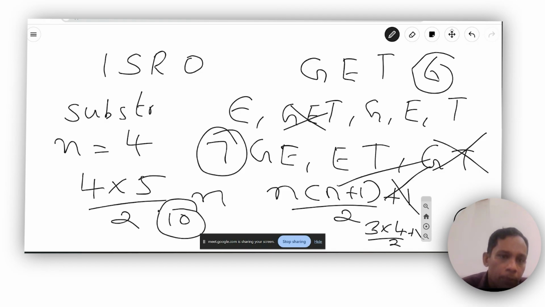So 10 proper substrings can be generated. And how many substrings? 11, which is n into n plus 1 by 2 plus 1. So the number of substrings will be 1 more than the number of proper substrings, or you can say the number of proper substrings will be 1 less than the number of substrings. Hope this concept is very clear to all.